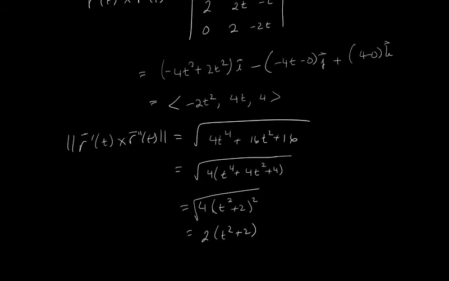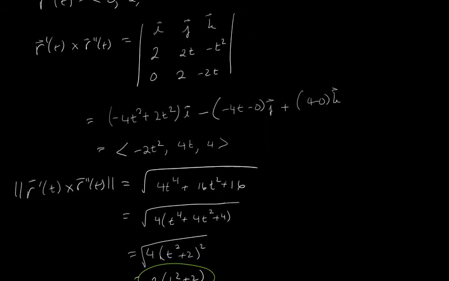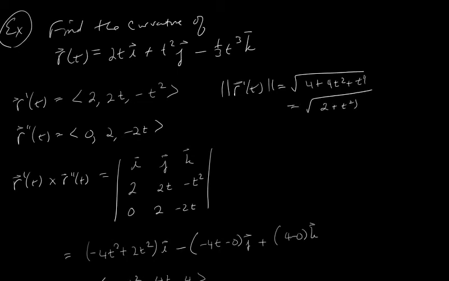All right, and then we need to find the magnitude of just r prime. So let's go back up, and I'm going to put a circle around this so I don't lose it. Okay, so now let's go back up and find r prime. So the magnitude of r prime of t is equal to the square root of 4 plus 4t squared plus t to the 4th. So that's the square root of 2 plus t squared, squared. So that's equal to 2 plus t squared.